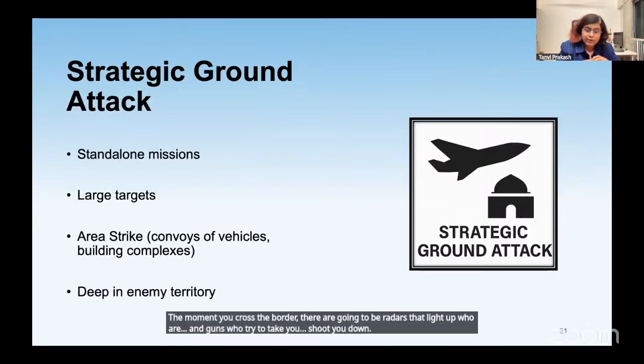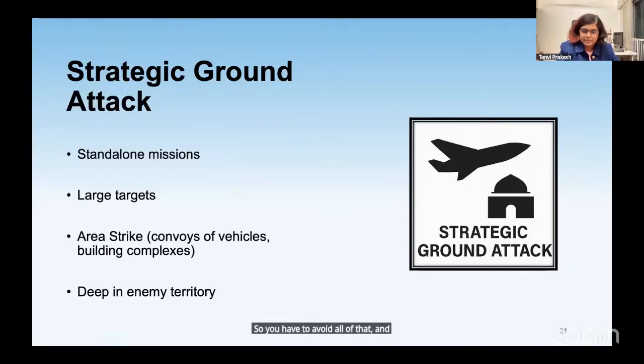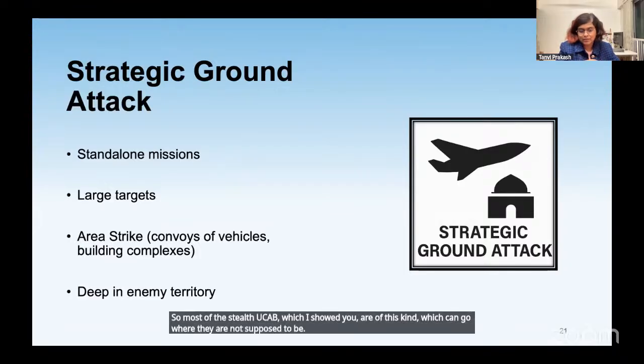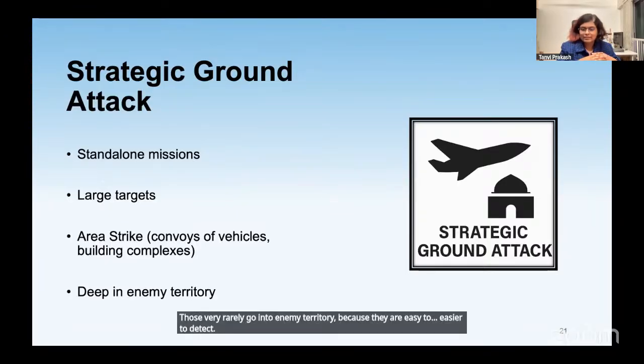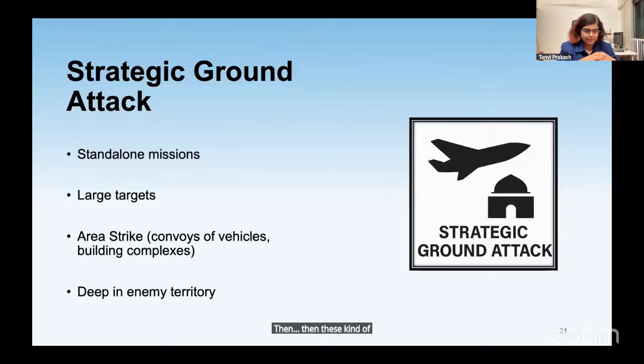So you have to avoid all of that. And that's where stealth comes in. Most of the stealth UCAVs which I showed you are of this kind, which can go where they are not supposed to be. The first kind of UCAVs which I showed you, with those long, slender wings, very rarely go into enemy territory because they are easier to detect than these kind of stealth vehicles.